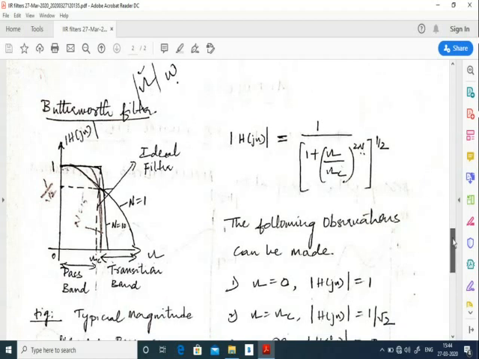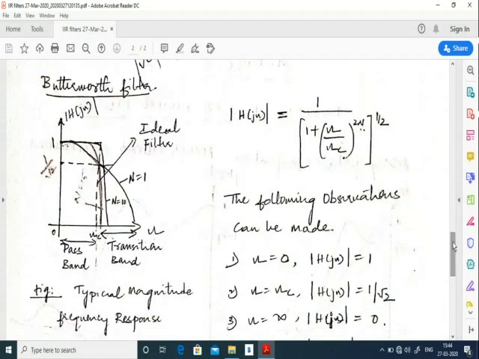So as I told, in general, we're going to design filters in this particular module. If you want to design a filter, ultimately it can be achieved by obtaining a transfer function. In general, we will have a transfer function either in terms of S or in terms of Z. If the transfer function is in terms of S, it is an analog filter.